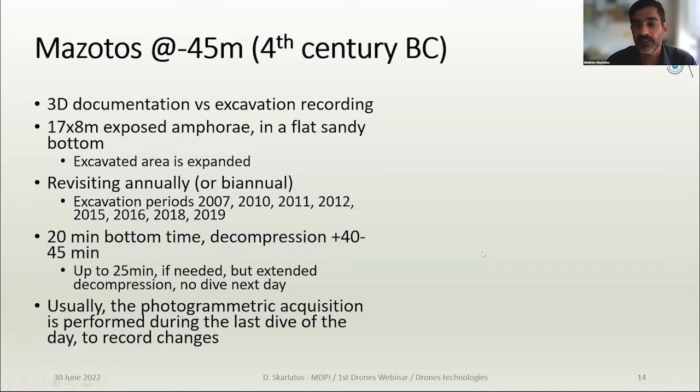In some cases I can prolong my stay up to 25 minutes, but this means extending my decompression sequence to an hour or more, and I cannot dive the next day for obvious reasons. So the photogrammetric acquisition is tedious, and I give you already a hint about the importance of lights in the underwater environment.